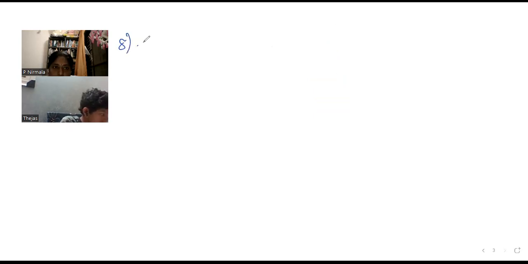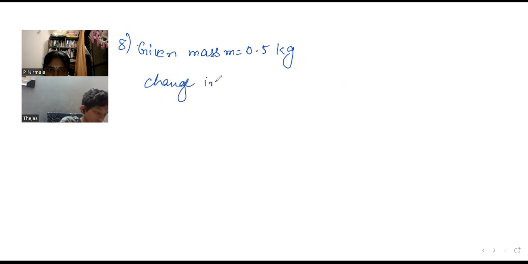So 8th one, given: mass equals 0.5 kg. Next, change in temperature, delta T equals 30 minus 5 equals 15. Oh, 25.